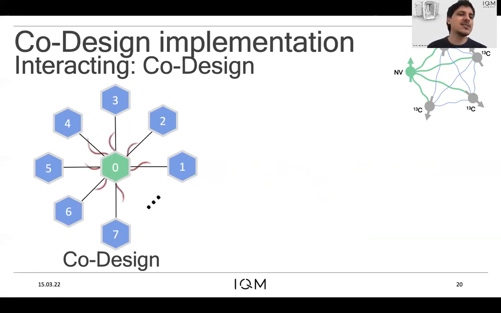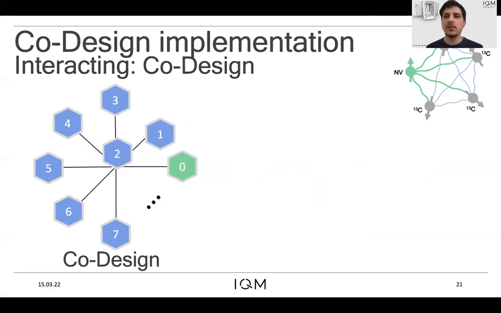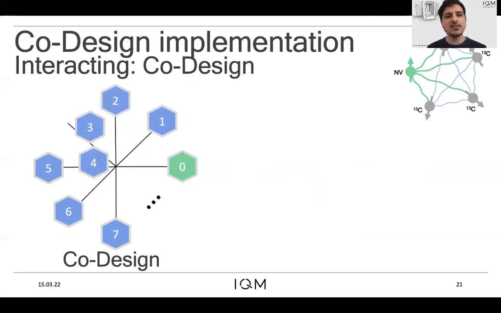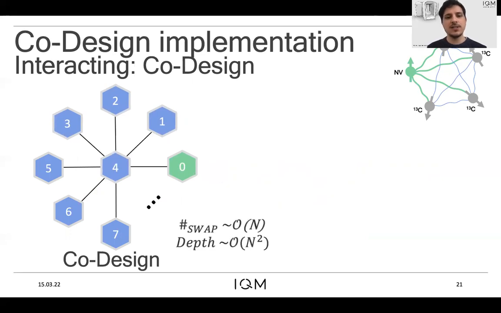So here we can just do all the interactions, then we swap around with the next qubit, and we do the remaining interactions here and swap around and do this until we find the desired connections and interactions have been performed. This way we can achieve that simulation in a linear number of swaps. So we have improved the swaps from quadratic to linear compared to square grid, but the depth is quadratic and in the square grid was linear.